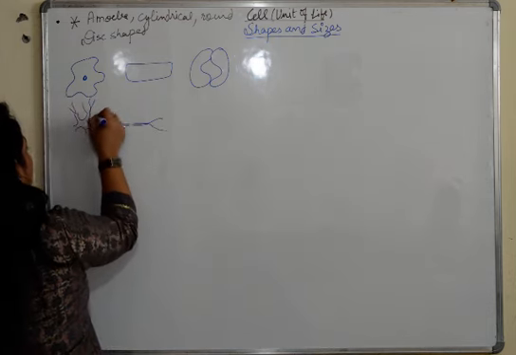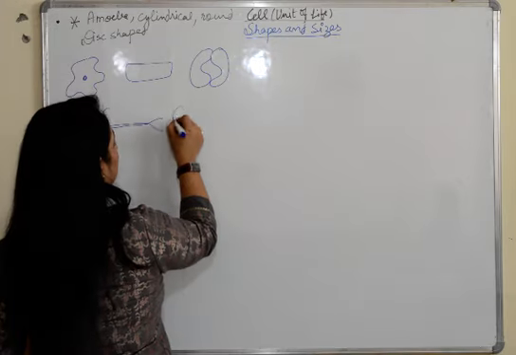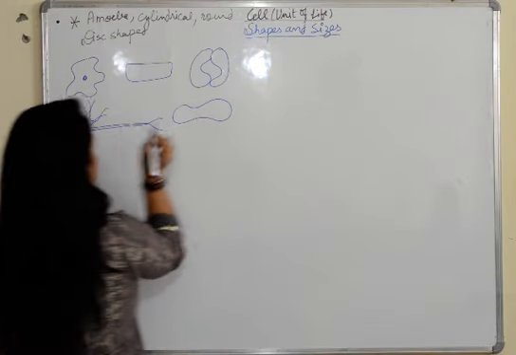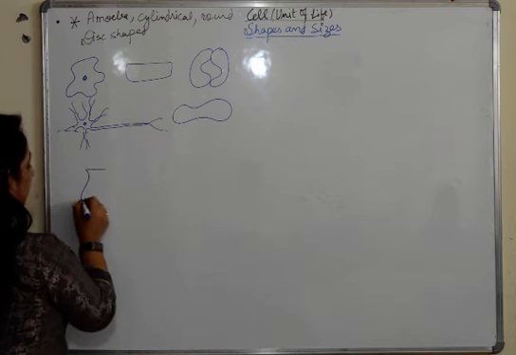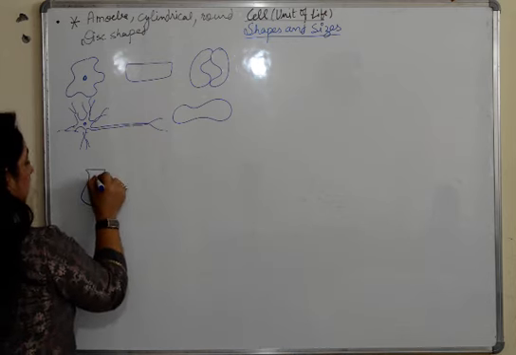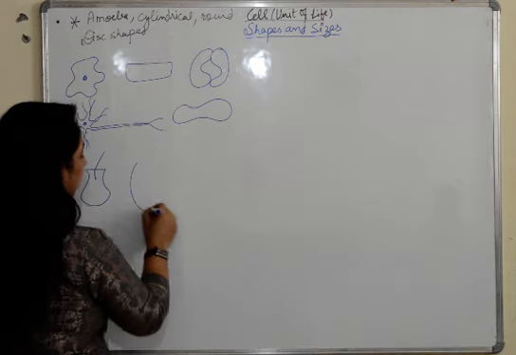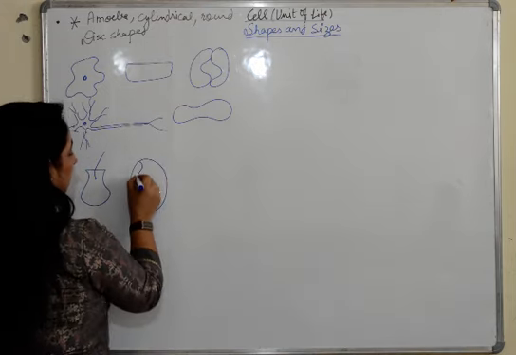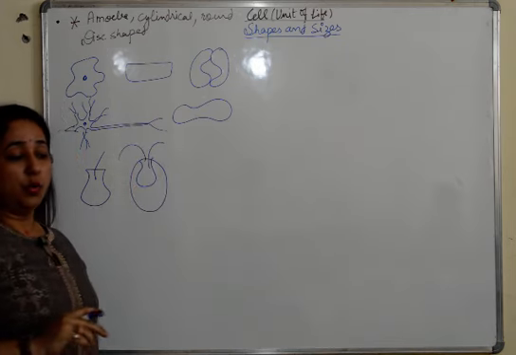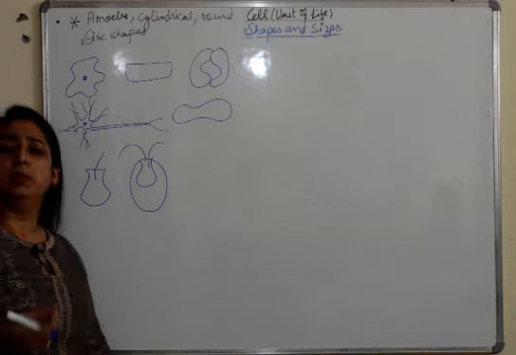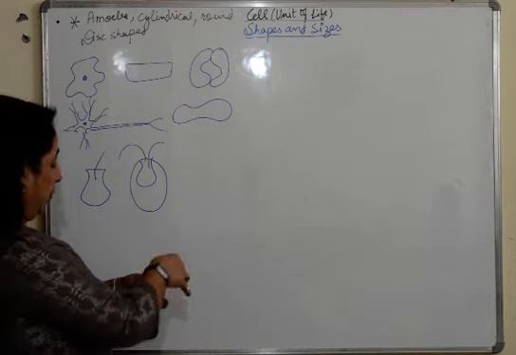Here again a very common shape, this shape of a cell. Here we have cells with this kind of a shape. We have cells with this kind of a shape. So we have multiple cells with multiple types of shapes. Now we'll write.